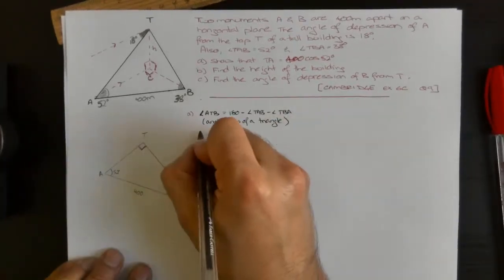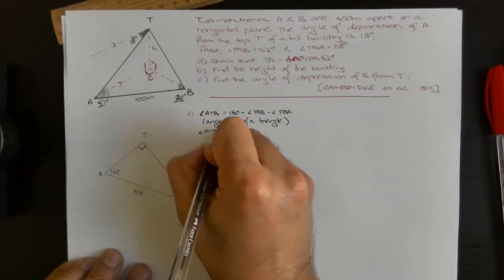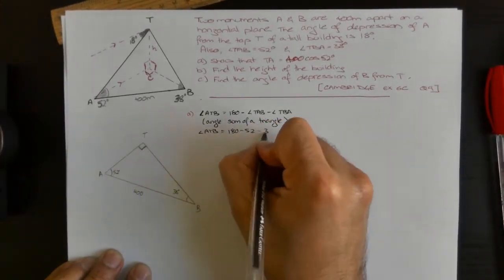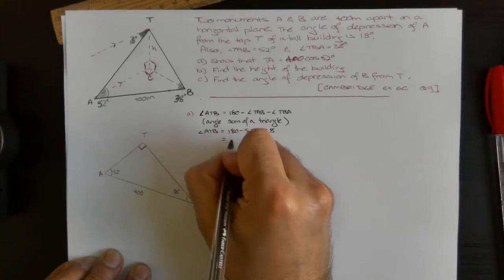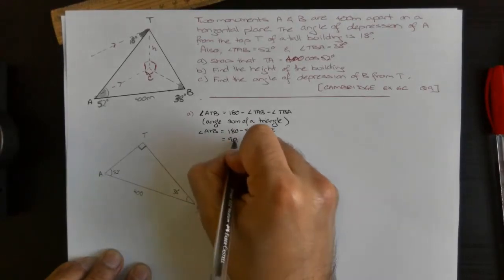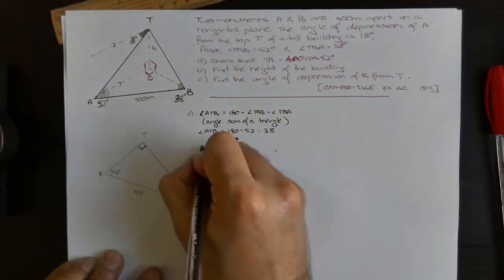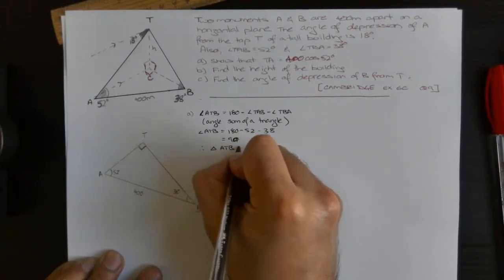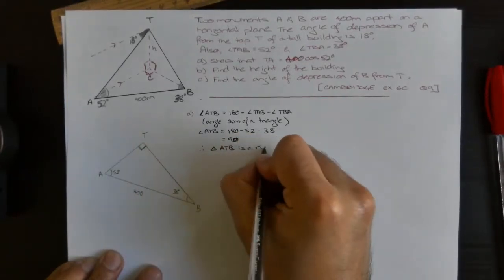So angle ATB was 90. Therefore, triangle ATB is a right angle triangle.